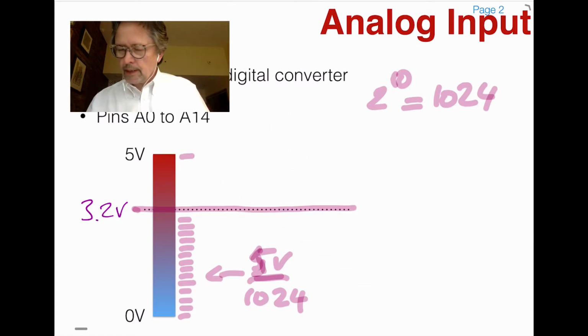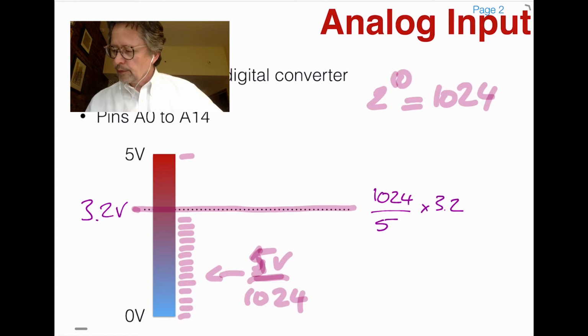So what number will the Arduino return to us? Well, if there's 1024 in 5 volts, if I only have 3.2 volts, that's going to be, and I've just done that on the computer, 655. So that would be the number that it would return.